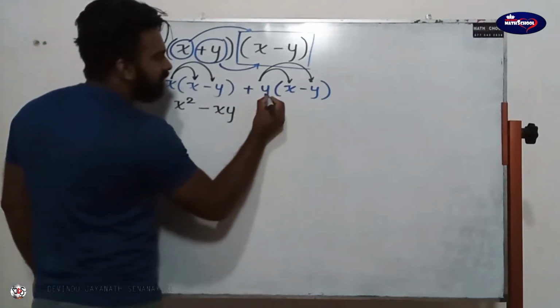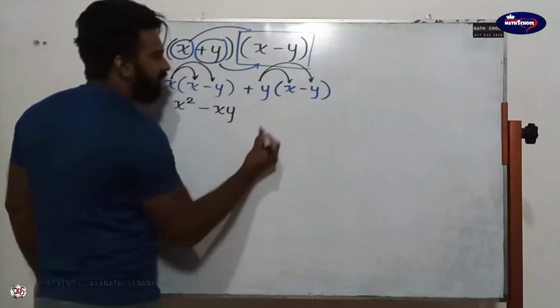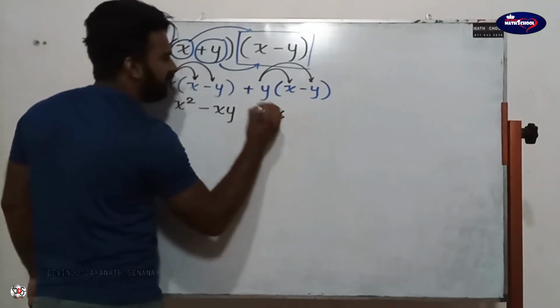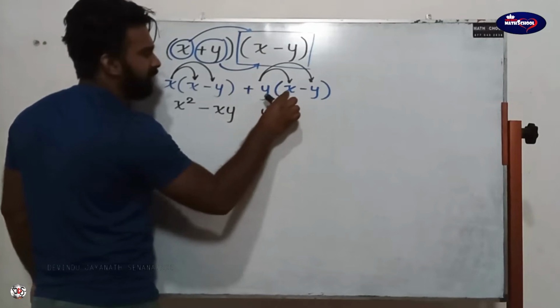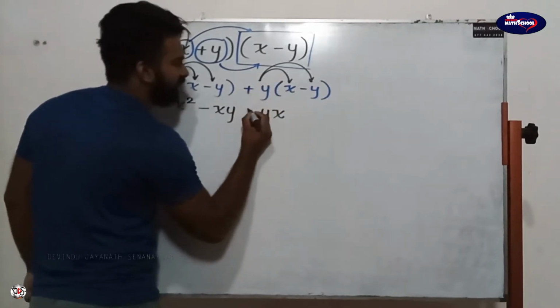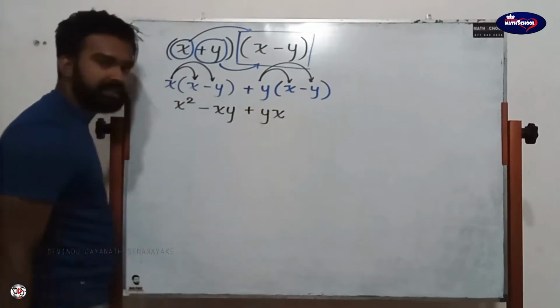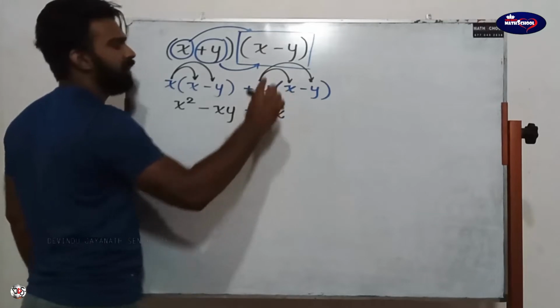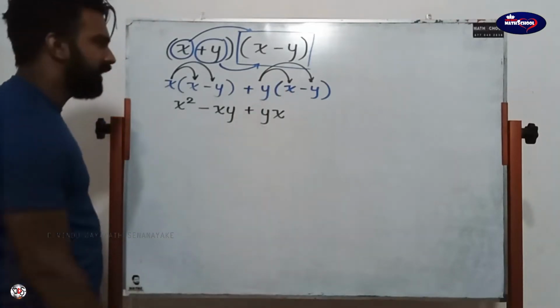And here y into x. Y into x means yx, right? A positive term is getting multiplied by x, also a positive term. So positive term into positive term is positive, because the same sign will get multiplied by the same sign.